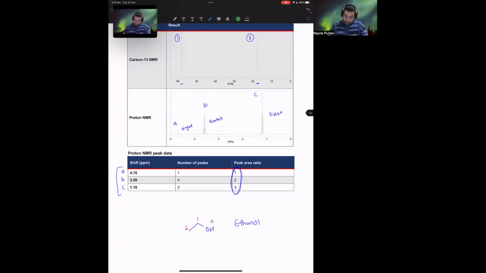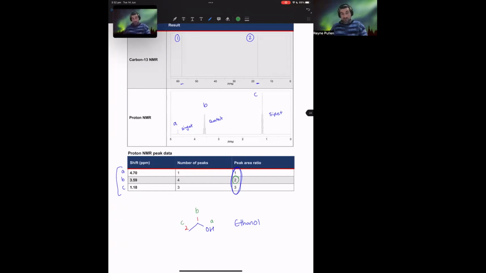The quartet, however, tells us that it must be an environment that is next to something with 3 protons. And it also even says in the peak area ratio that there are 2 protons. So we can say it must be that environment there, which then leaves our terminal carbon to have the proton environment C. And that kind of wraps it up.